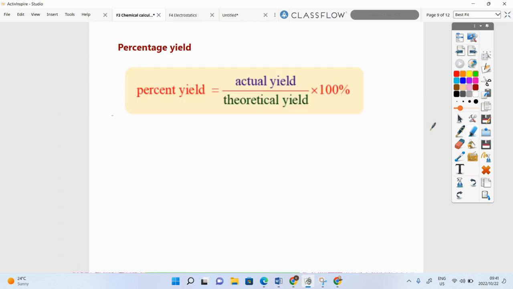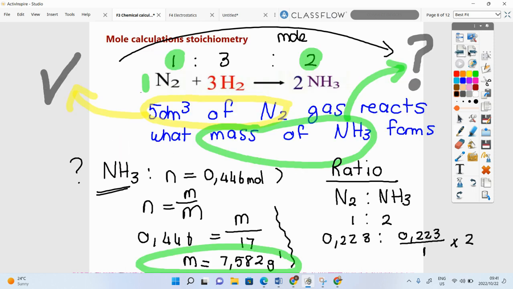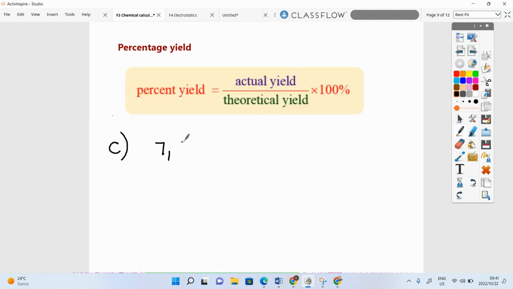So that was your answer to question C. 7.582 grams of NH3 is what you got in the calculation.